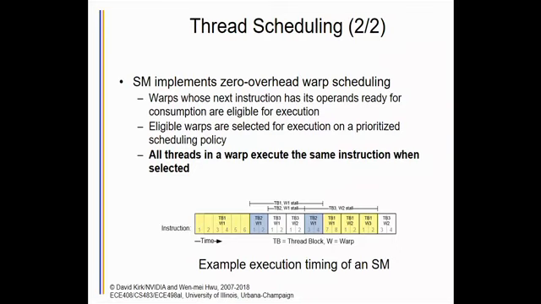Yes? After they execute the next warp, can they come back to the previous warp? Okay, so after you execute the next warp, do you come back to the previous warp? The warps are going to be in 3 different states: executing, eligible for executing, or just waiting.